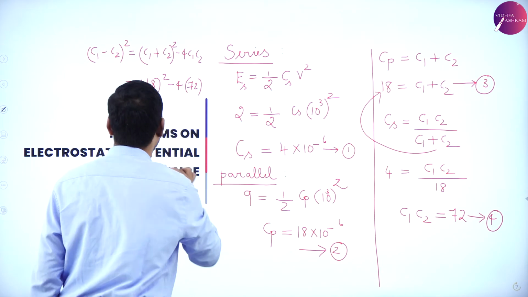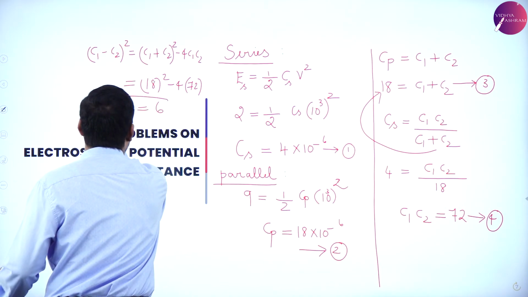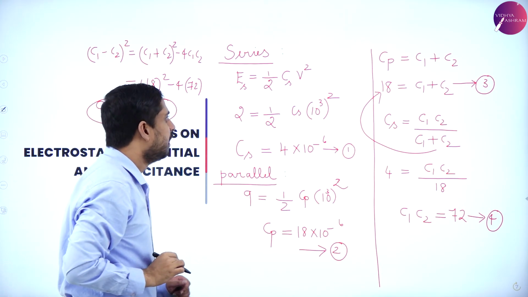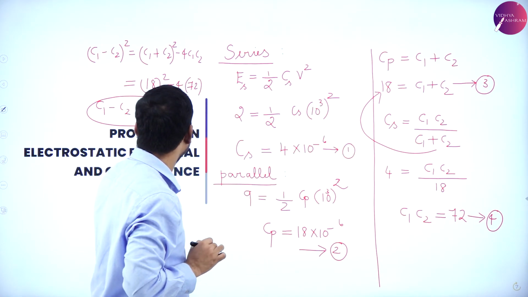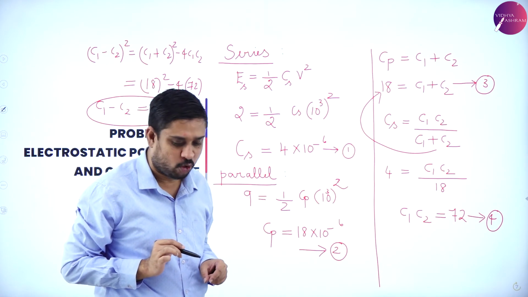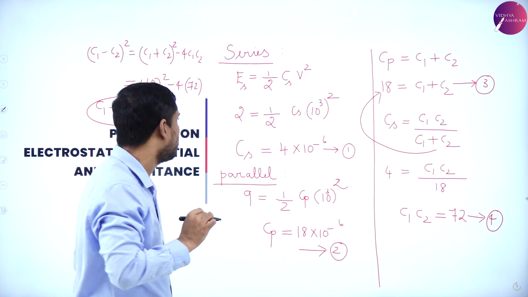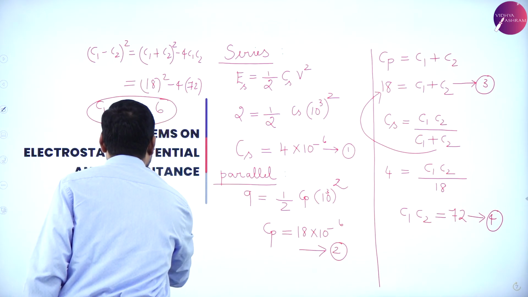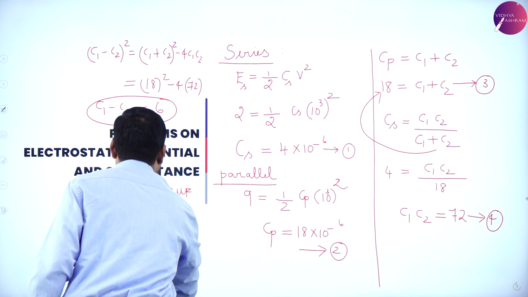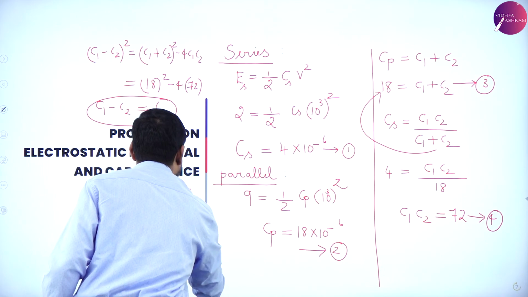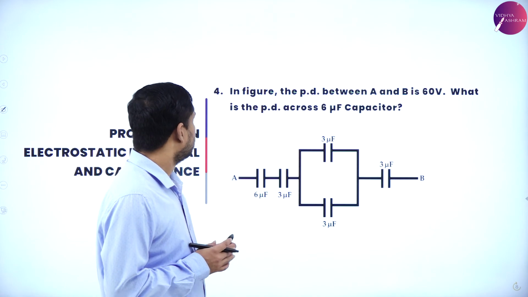We get C1 minus C2 is equal to 6. Now I have C1 plus C2 is 18 from equation 3, and C1 minus C2 is 6. Two simultaneous equations. Solve them. C1 turns out to be 12 microfarad, C2 turns out to be 6 microfarad. And this will be the answer.